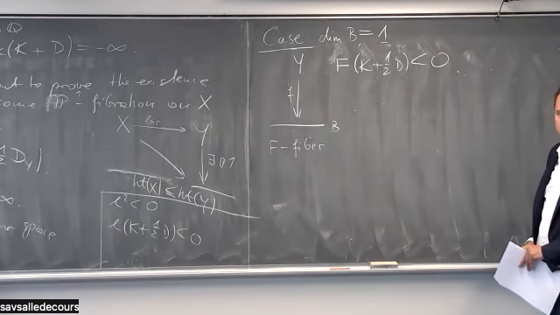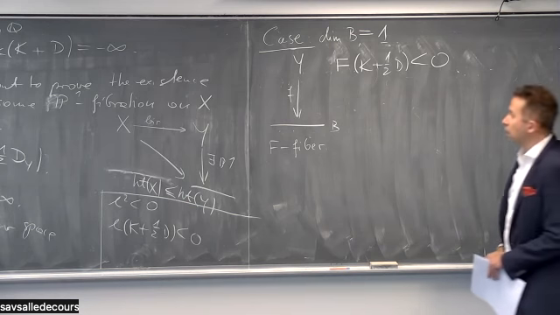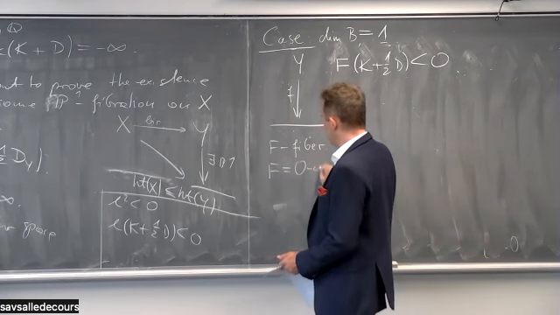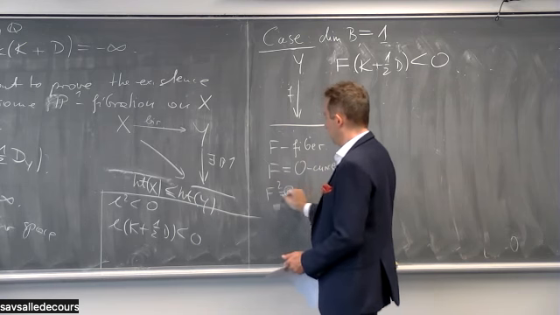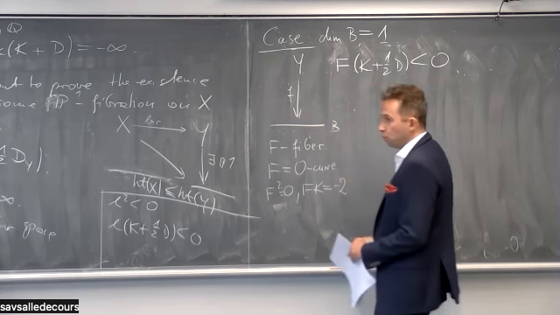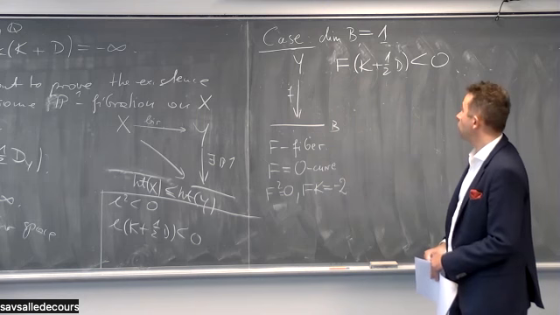That was the defining condition for a log Mori fiber space. But we already know that F, a general fiber, is a zero curve. So let me once again recall that F squared is 0, F times K is -2. And now what?